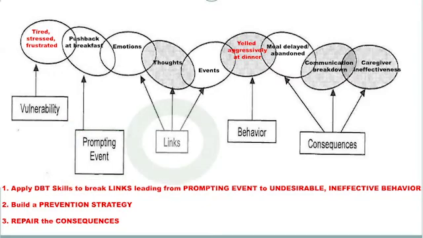The links in the chain are some emotions, thoughts, or other events that follow the prompting event, the pushback. So an emotion may be anger, frustration, exasperation. A thought may be, we need this to end. This is just tearing us apart, the entire family. We need to get on the road to recovery in a very strong way.